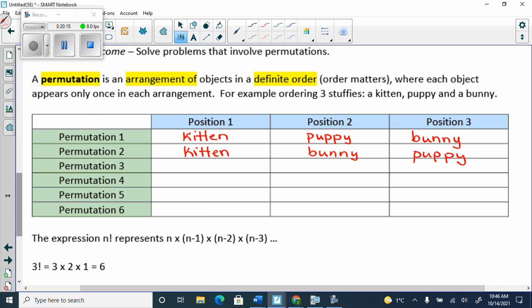What else could I do to get another different looking setup? Yeah, so I could start off with the puppy, and then go kitten, and then bunny. So I can start off with the puppy again, and then just switch the kitten and bunny.